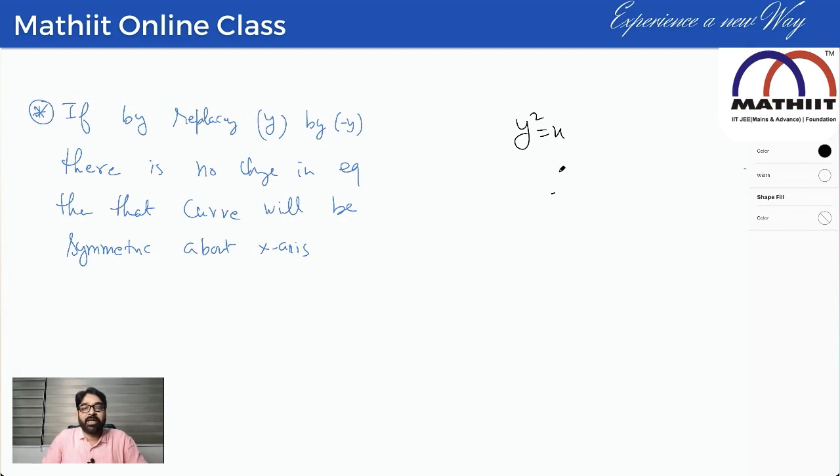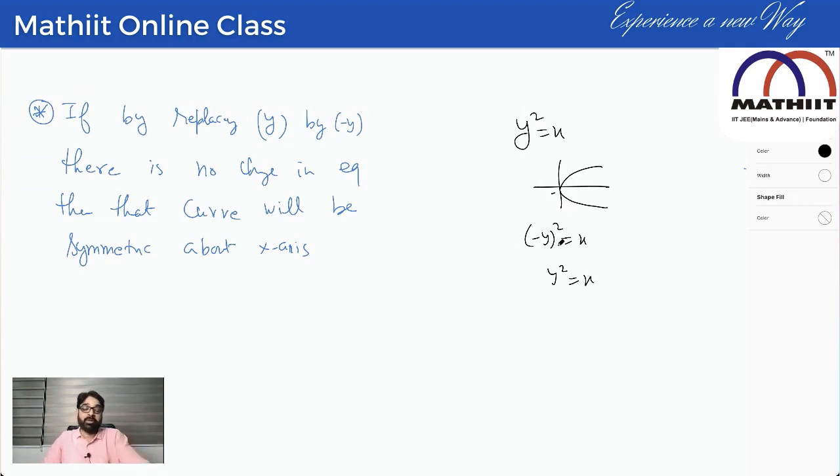Do you know the graph of y square equal to x? This is the graph. If you replace y by minus y here, what will happen? Minus y whole square equal to x, means y square equal to x. Means no change in the curve equation. It means symmetric about x-axis. Are you able to understand? This is symmetric about x-axis.